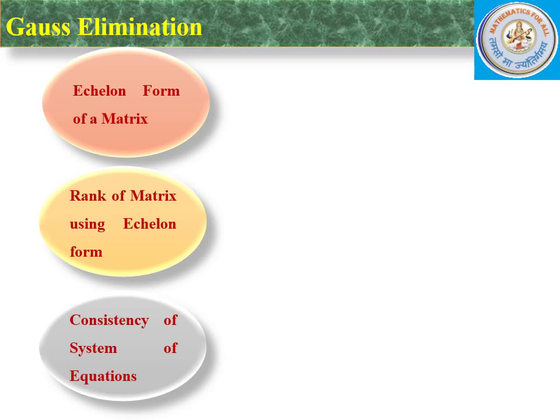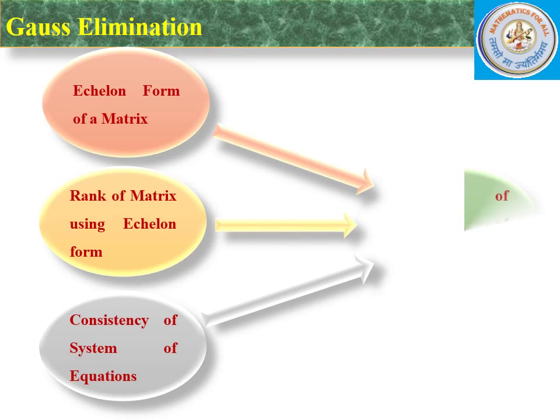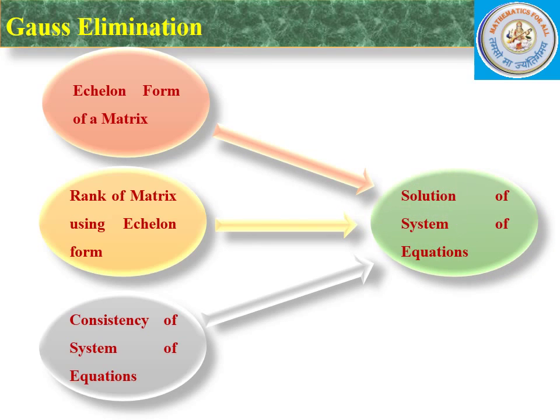So after these three steps, first the equivalent form of a matrix, second the rank of the matrix, and then the consistency of the system of equations, we go for the solution of the system of equations. All these three properties we will use here in the Gauss elimination method. You can check them in the previous lectures.